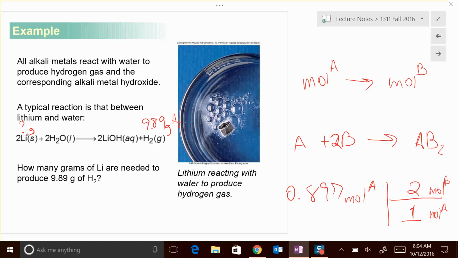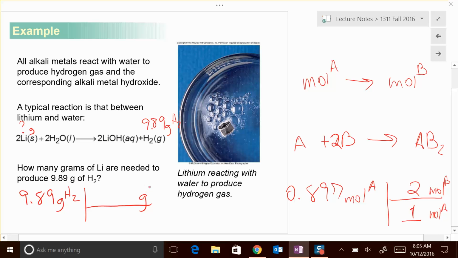So, can I take the 9.89 grams of hydrogen and convert it directly to the grams of lithium in one step? No, I cannot. Why not?